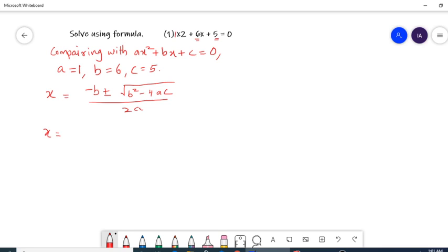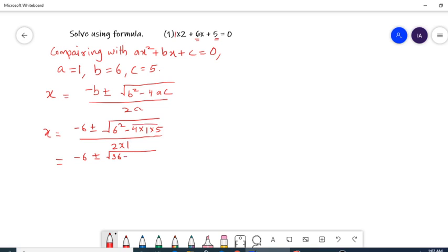So minus b, and b is 6. So here I'll take minus 6 plus minus root of b square, that is 6 square minus 4 into a into c. So here I am just substituting the values of a, b, c in the formula. 2 into a, that is 2 into 1. So minus 6 in its place, plus minus in its place. 6 square, that is 36, minus 4 ones are 4, 4 fives are 20.